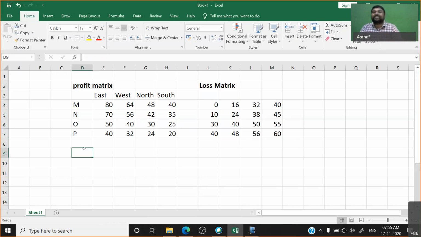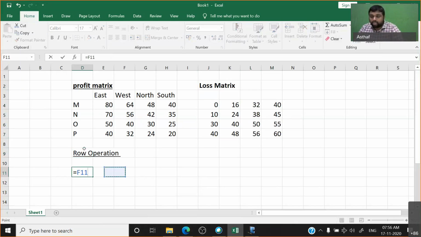Now from this loss matrix, what do we have to do? Same as our normal steps. First we have to do the row operation, then the column operation. What is the row operation? Row-wise, the least number we have to reduce. Here the row-wise least number is 0 only, so you will get the same.